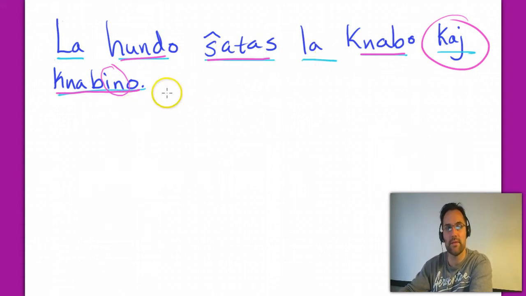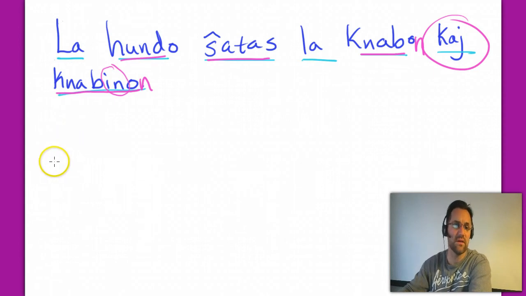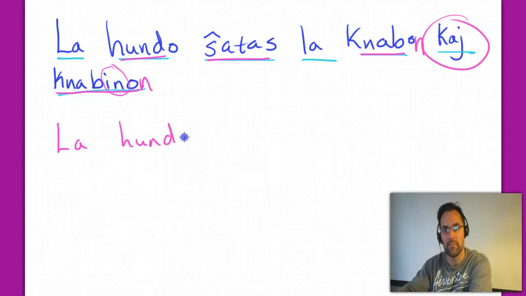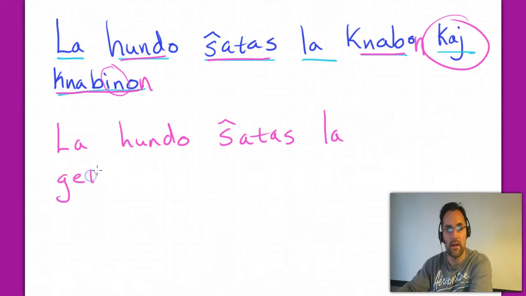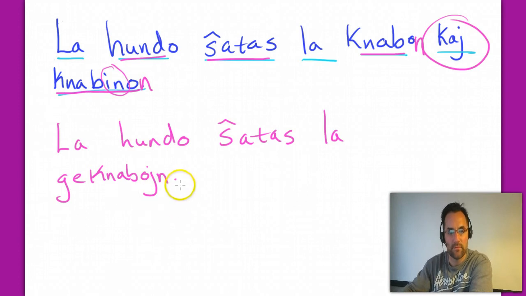So how would we write this? We're not going to put an N here and here. So what we're going to do is use an affix called ge. So la hundo shatas la geknaboin. So now we have our accusative. We have the plural letero yo.